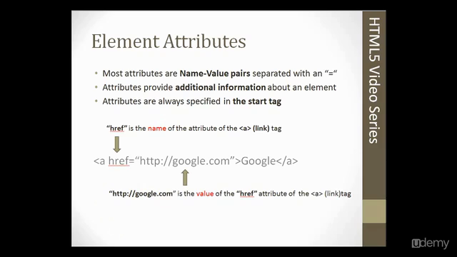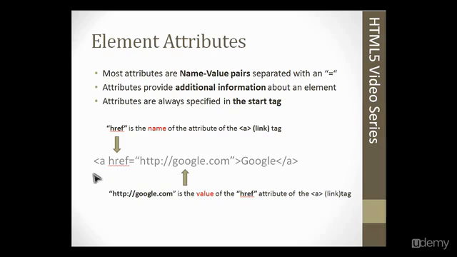So all tags have attributes, or can have attributes. And there's a number of different kinds of attributes. We could have the width or height as an attribute, the style, and as we have here, the href attribute, which is a URL. And most attributes, if not all, are in a name value pair separated with an equal sign.